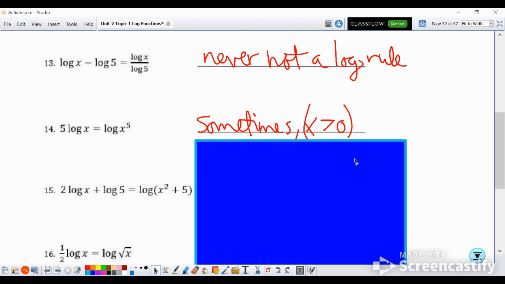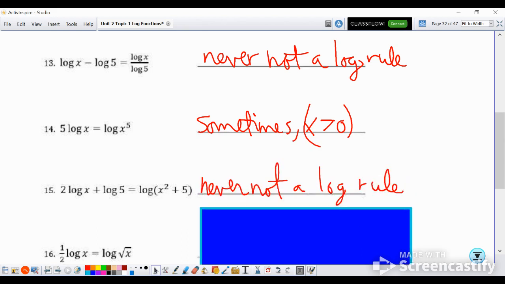For the next one, 15, it looks like they're trying to use the power rule, but it went from addition to addition. Well, when you're doing a contraction, you don't go from addition to addition. You go from addition to multiplication. So this one is never, it's not a log rule.